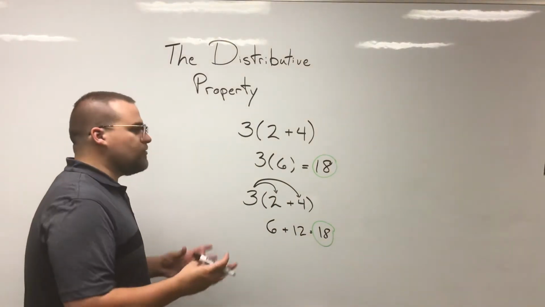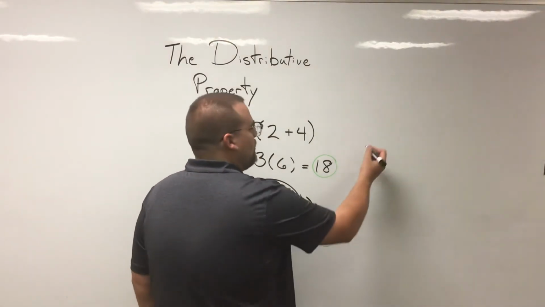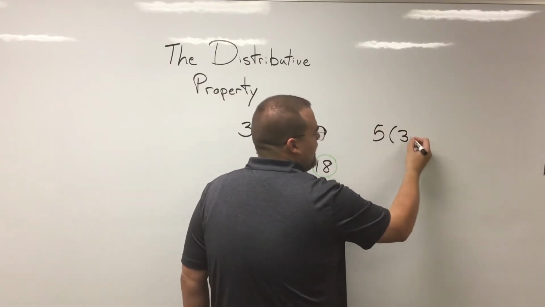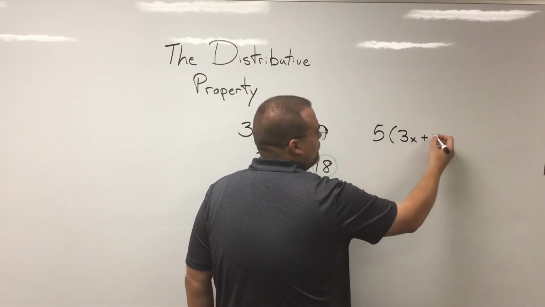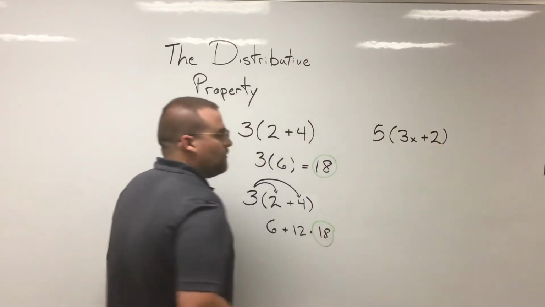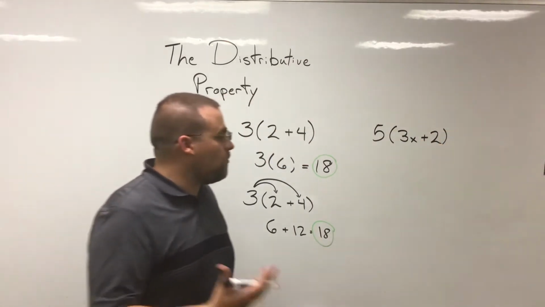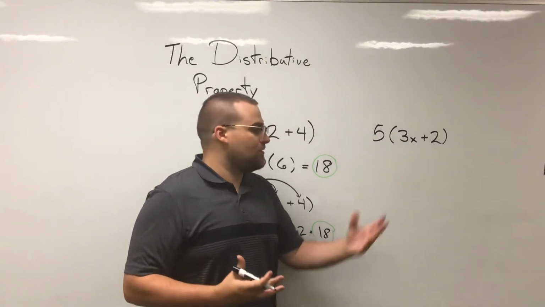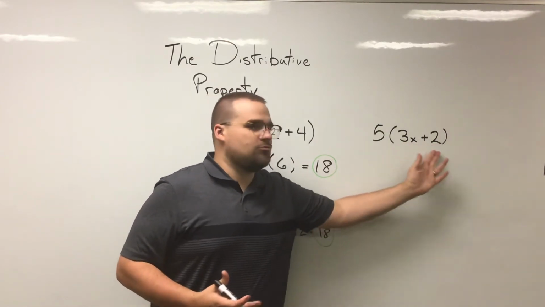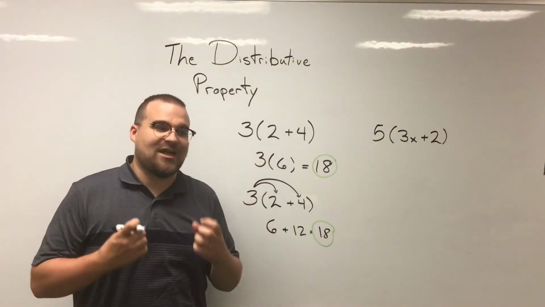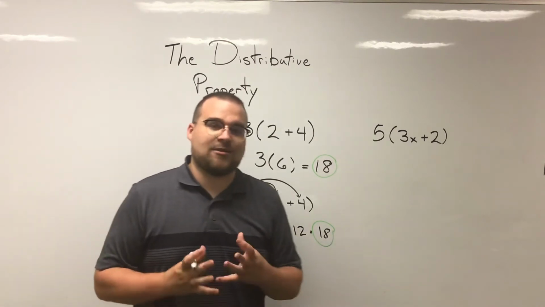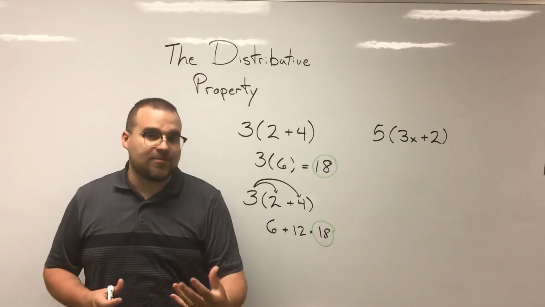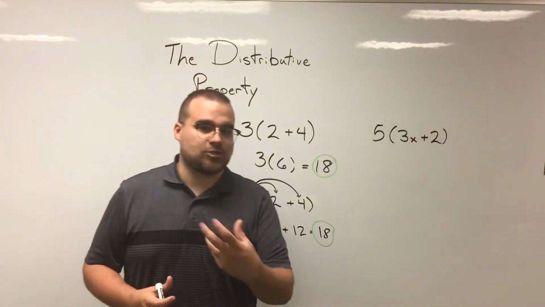I'm going to make a whole new example with that. Let's say we have a 5 on the outside and then 3x plus 2. Now, whenever we look at that and we say we want to do what's in the parentheses first, we want to follow those order of operations, we can't, because these two terms don't mesh together well. They cannot combine because they're fundamentally different. But we still want to do something.